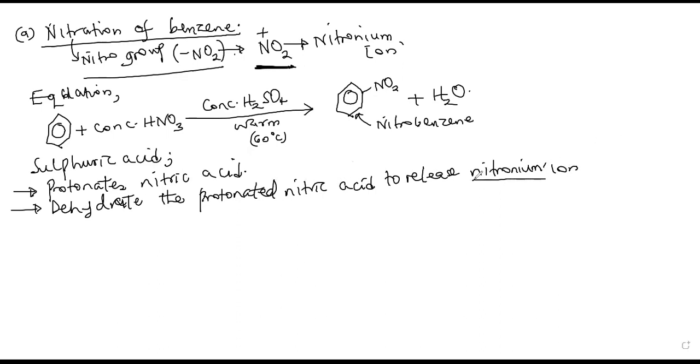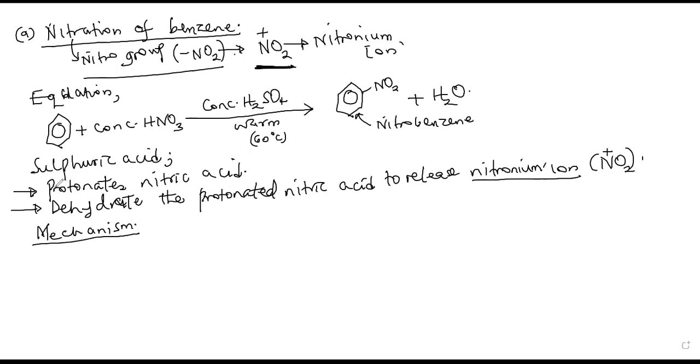And this nitronium ion is the one that is going to attack the benzene ring. So the nitronium ion to be released is NO2 plus. So let's see these reactions in the form of a mechanism. Our mechanism that we shall outline here is simple.